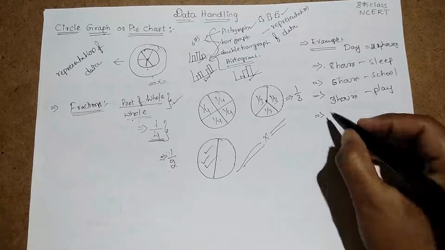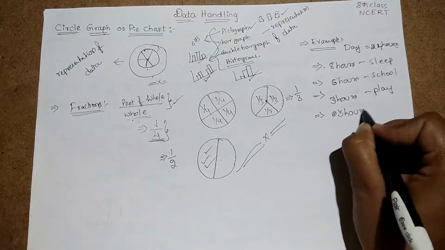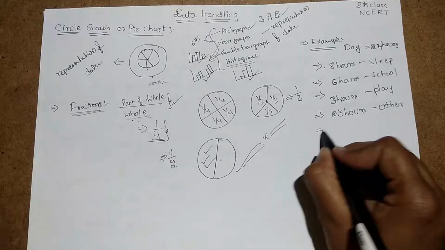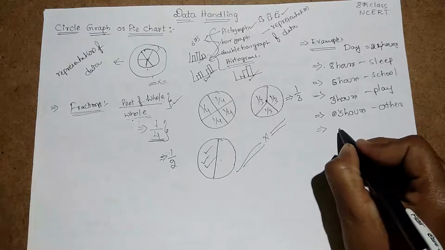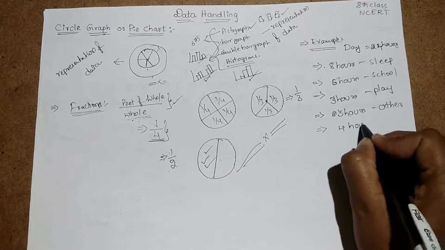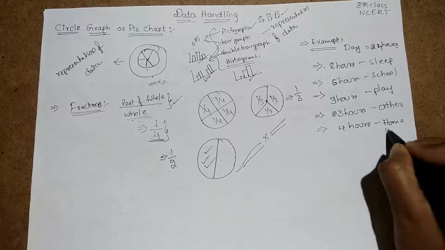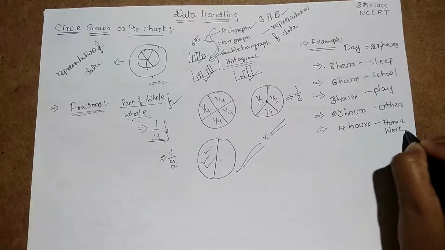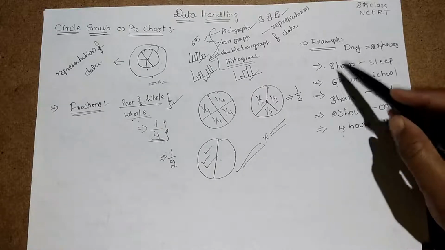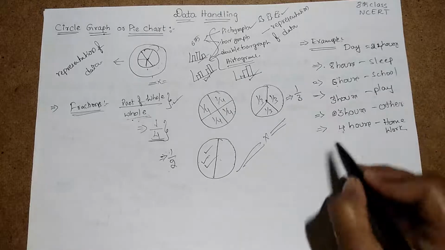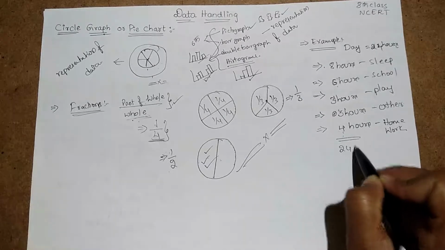Next, if you went out to your friend's home or anything, that came to 3 hours, others. Next, coming to homework, you are taking homework 4 hours for studying. If you count this, 14 and this 10, so 24 hours.